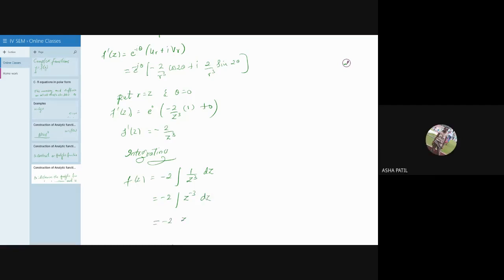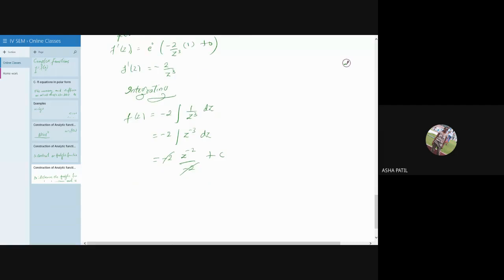It is z raised to minus 2 divided by minus 2 plus a constant c. So the minus 2 term cancels. What we have is 1 divided by z square plus c. This is the analytic function f of z.